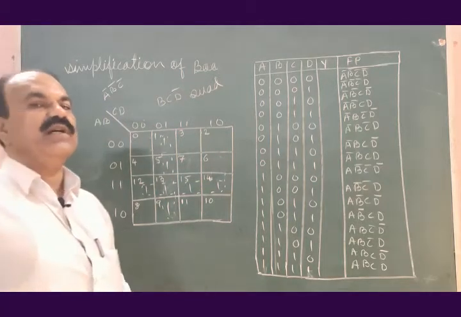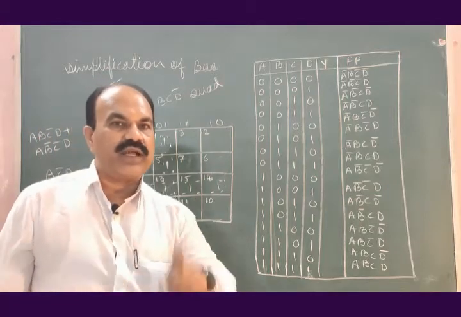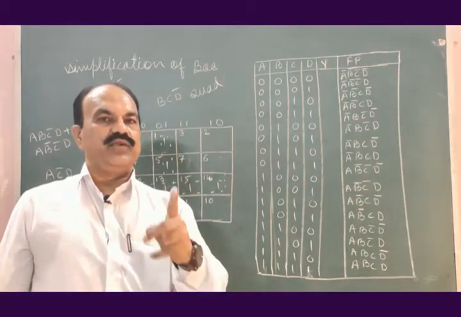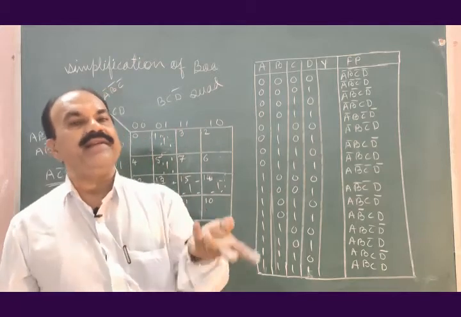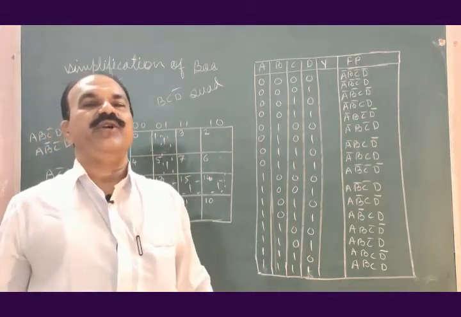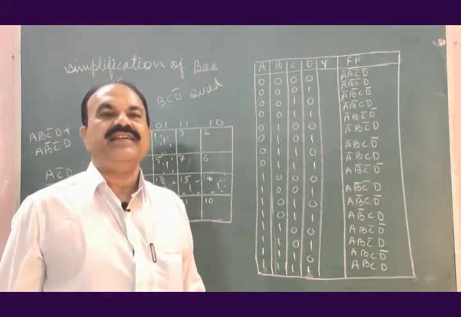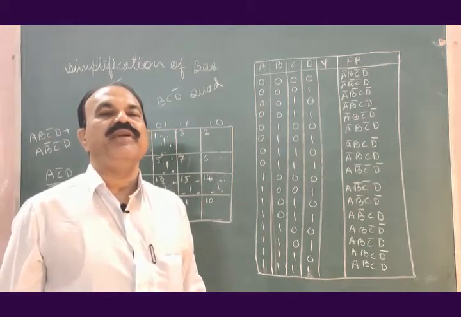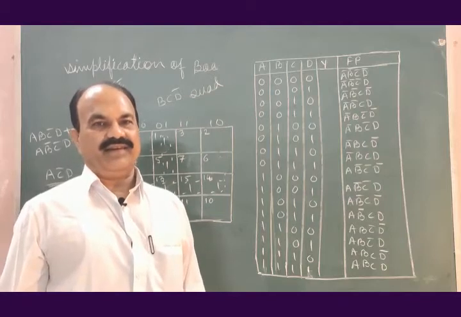Whenever we form a quad, for a single quad, two variables and their complements will be deleted automatically, and the equation of the quad will be very simple.